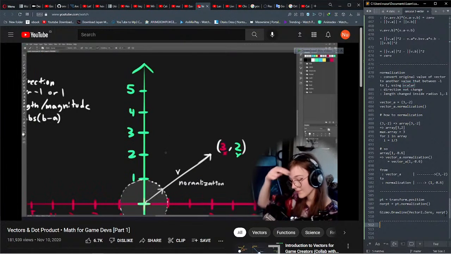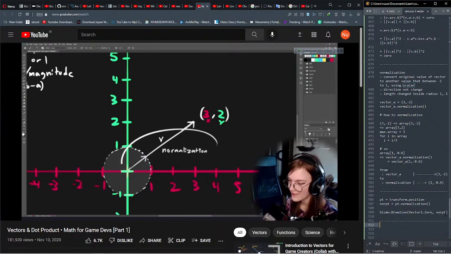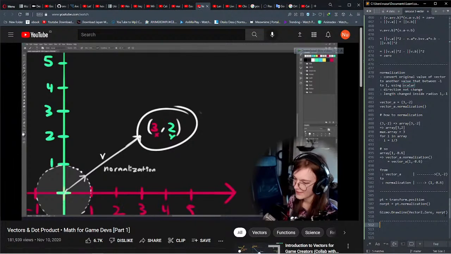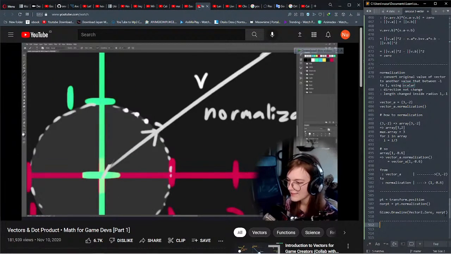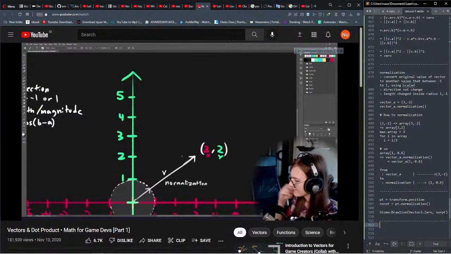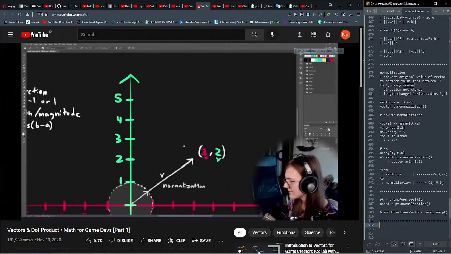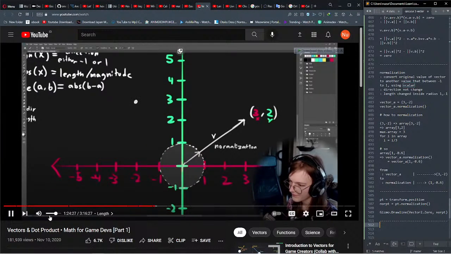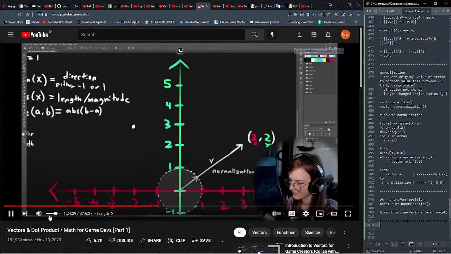Okay. So we've talked about normalization, but not how to calculate it. Like, how do you normalize a vector? How do you go from this to whatever these coordinates are? Let's do another vector, this one.